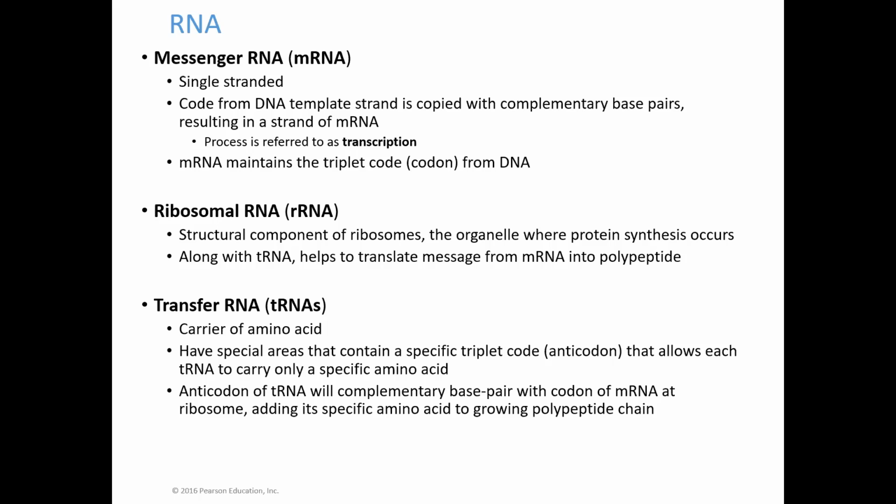They have a triplet code on the transfer RNA that is the reverse of the code on the messenger RNA. Messenger RNA has a triplet. The transfer RNA has a triplet, but that is the anti-code or anti-codon to the triplet. Now that I've got you confused, we'll go on, I'll explain all that.